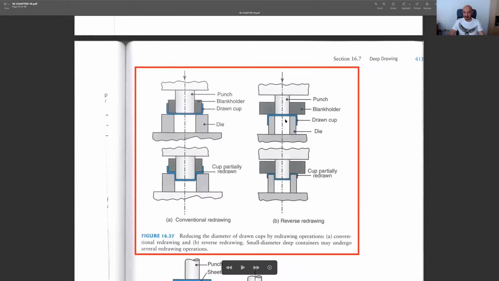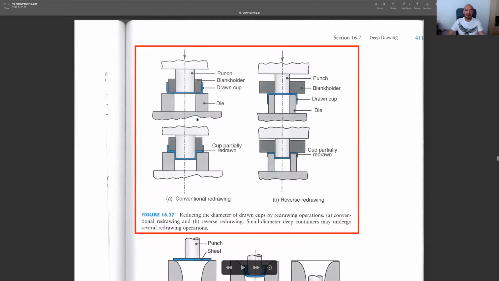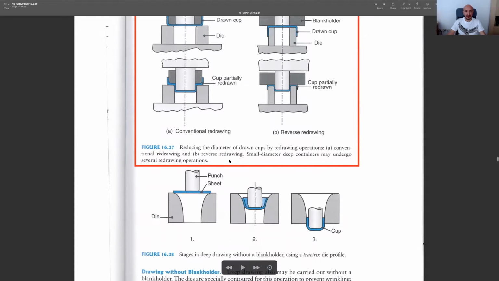These are still drawing operations, but this time in the second case, we put it upside down and do the drawing operation once again. But in conventional redrawing, we don't change the orientation. We may have some kind of step shape, so we change the die to a smaller one and try to have something like stairs on the edges of our cup.